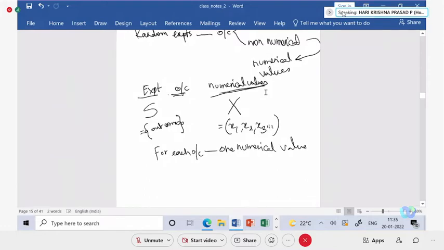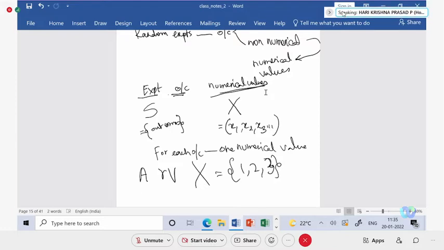So from hereafter, what we do, whatever is the experiment, we always refer to numerical values. So I will say a random variable x is given by 1, 2, 3. What does it mean? The random variable is taking values 1, 2, 3. But what is the underlying experiment is not known.